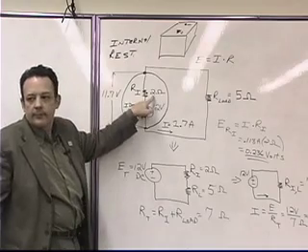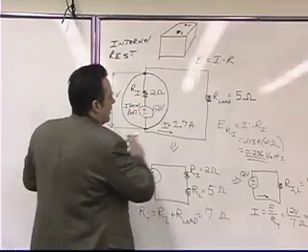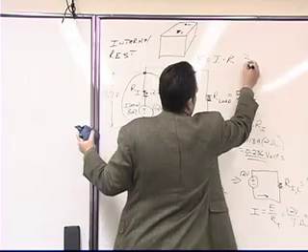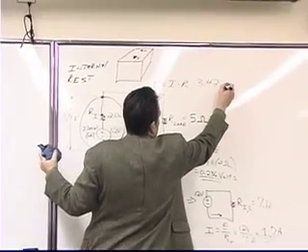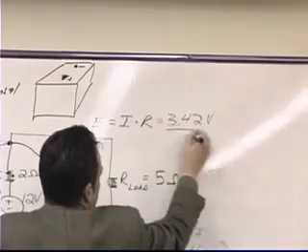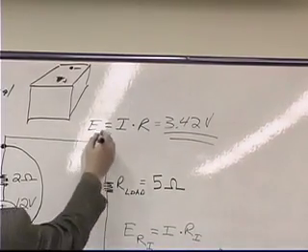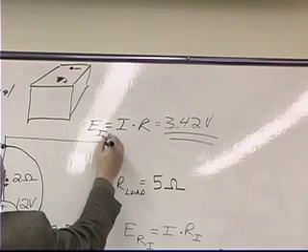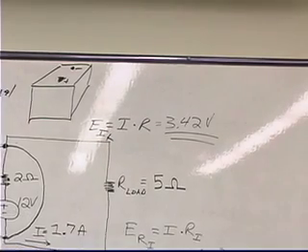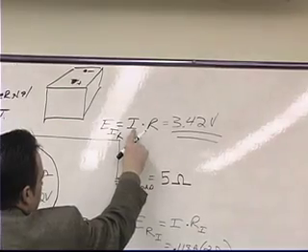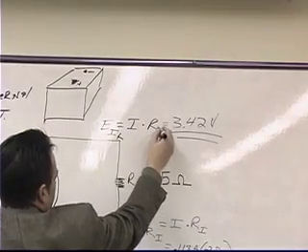And what is that? 3.42. So that's 3.42 volts. Okay? So that's the voltage drop across the internal resistance. That's the current flowing through the internal resistor times the internal resistor.